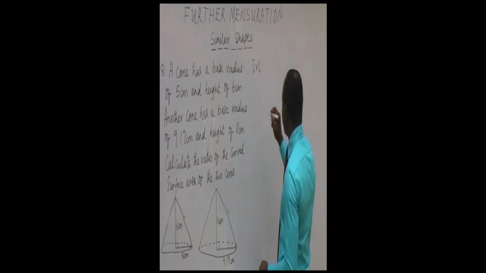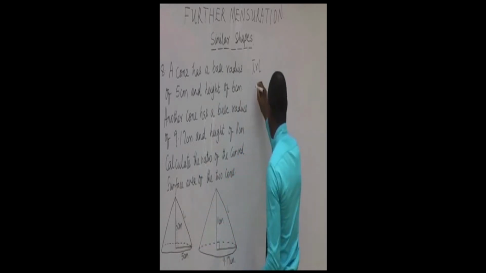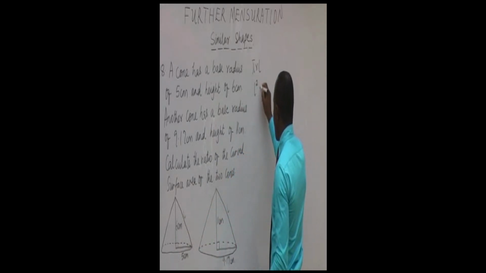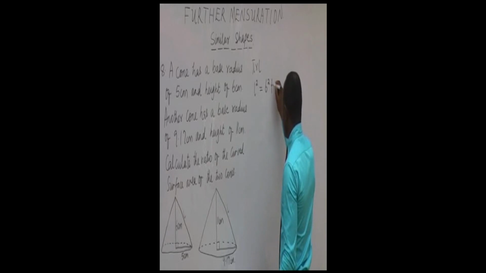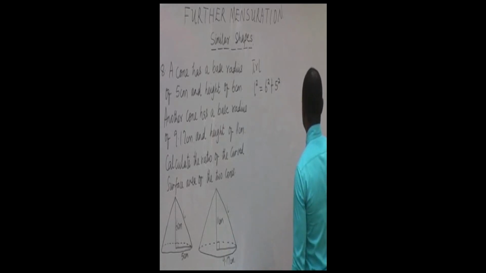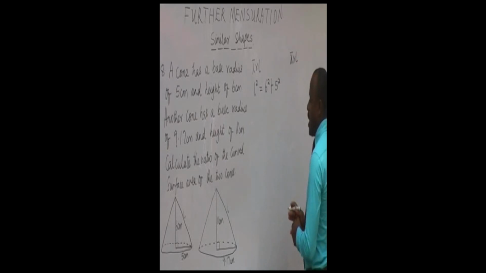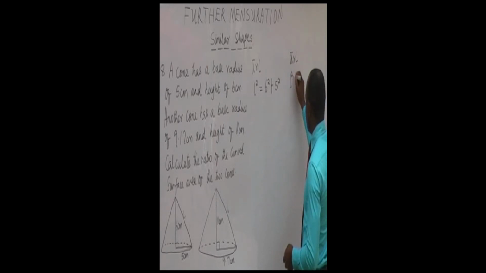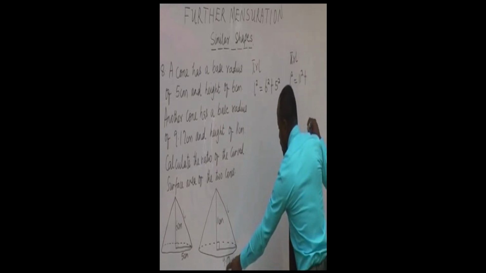So we are going to have from the first cone that L squared, the hypotenuse squared, is equal to 6 squared plus 5 squared. Then in the second cone, L squared is equal to 11 squared, this side squared, plus 9.17 squared.